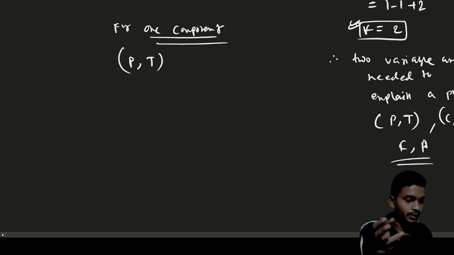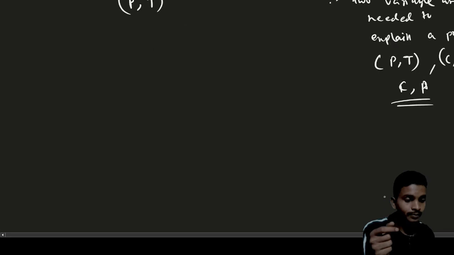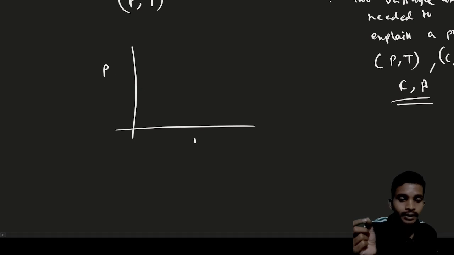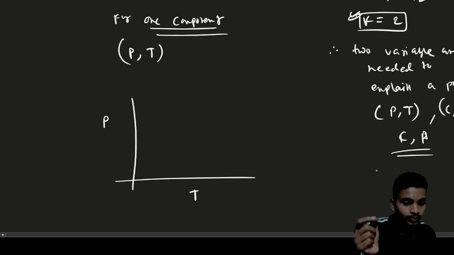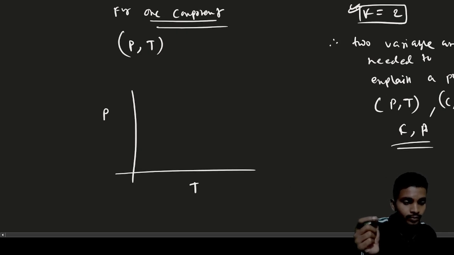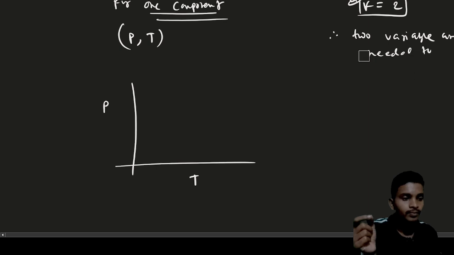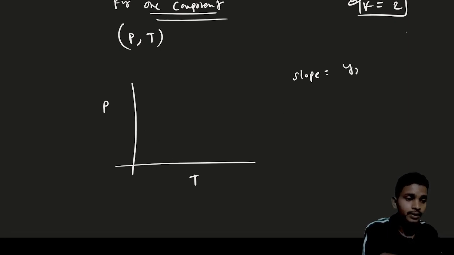So for one component systems, if I am taking pressure and temperature as the variables, then what it says is dP by dT, and we know that the slope is y-axis divided by x-axis, so slope is y2 minus y1 over x2 minus x1.